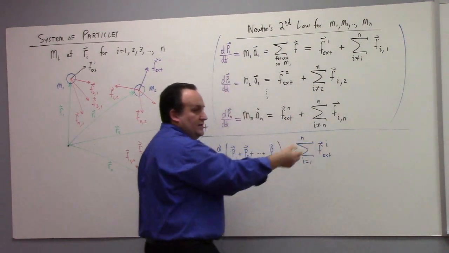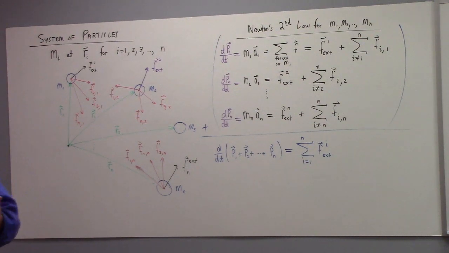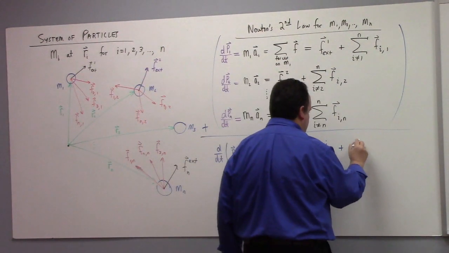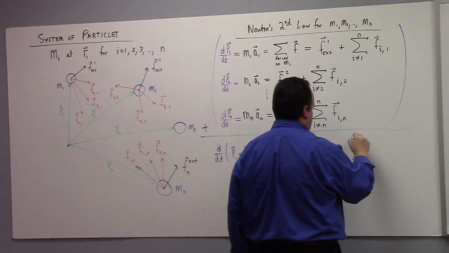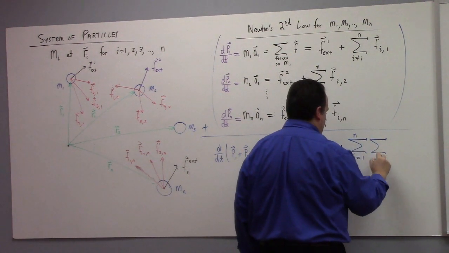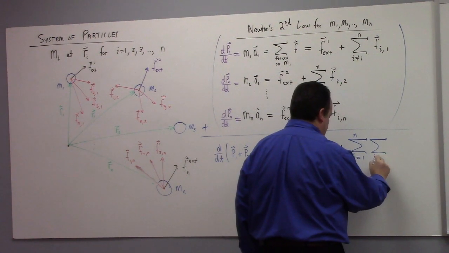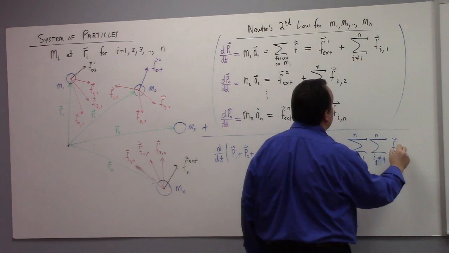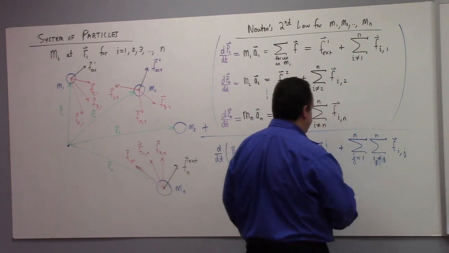So this is the total external force, right? If we just add together the external force on each mass, that's the total external force. And then you have plus the sum j equals 1 to n of the sum over i not equal to j of f sub i comma j.